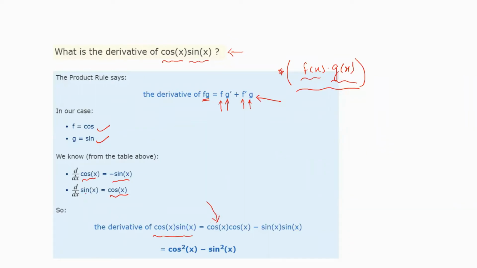What is that? Differentiation of sin x equals cos x. So cos x into cos x, plus the differentiation of the first term cos x, which is minus sin x, multiplied by the second function, which is sin x. So the resultant will be cos square x minus sin square x. Okay, this is what is called the rule, guys.